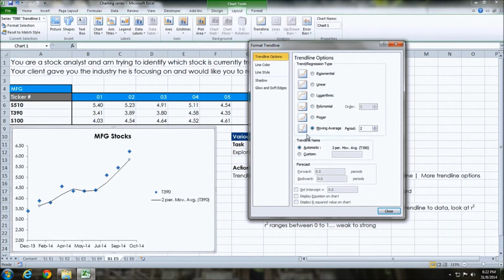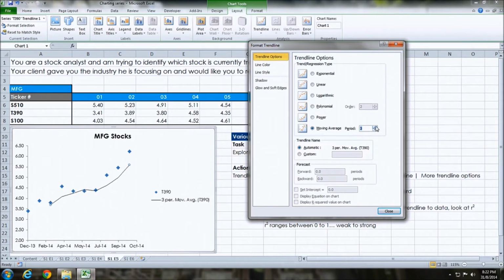As the name suggests, the moving average trend line actually picks the historical data points and plots the average for that particular period. If you look over here, Excel actually allows you to select the number of periods that you would like to plot the average for. Currently it's showing 2.